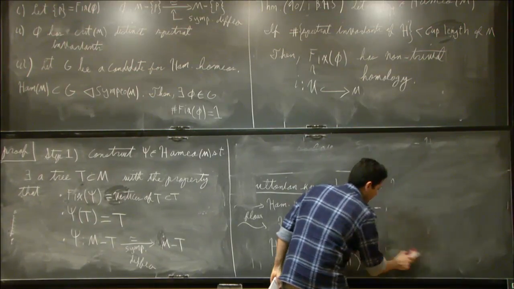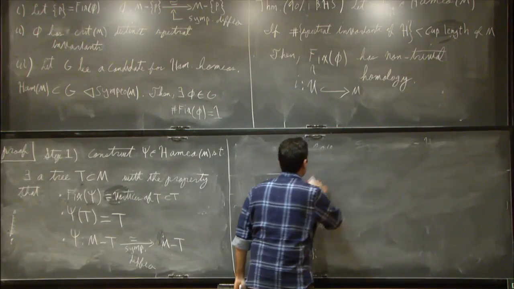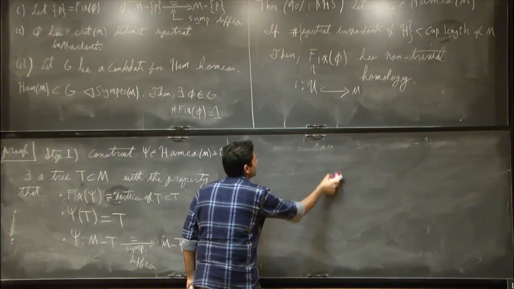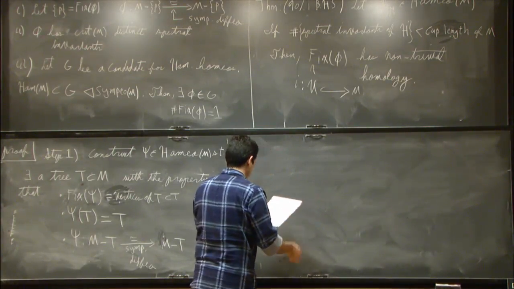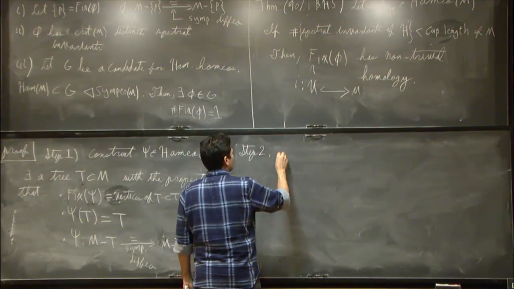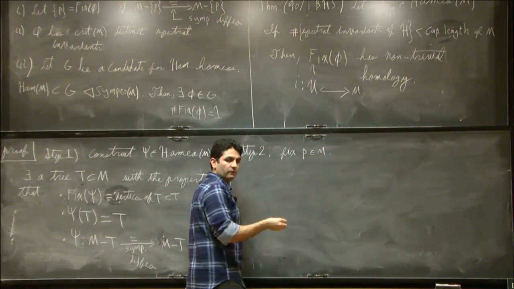The next step is, once you have this tree, you collapse it to a point. So here's the second step. Let's fix a point P on our manifold. This is going to be the eventual fixed point.